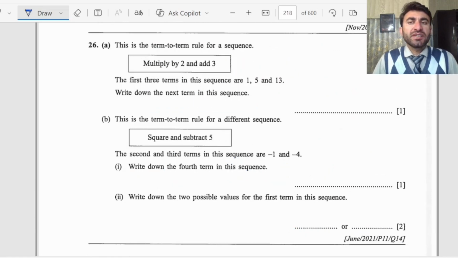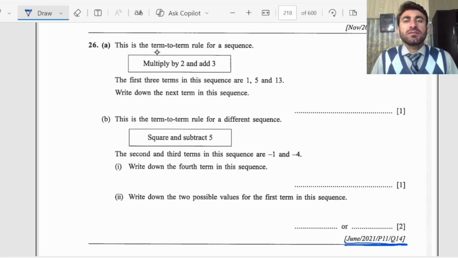So here is another question. It is from June 2021, paper 1, variant 1, and it is question 14 of that paper. In A part, it stated, this is the term to term rule for a sequence. Multiply by 2 and add 3. The first three terms of the sequence are 1, 5, and 13.